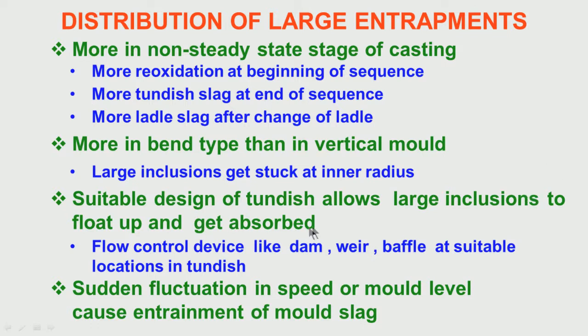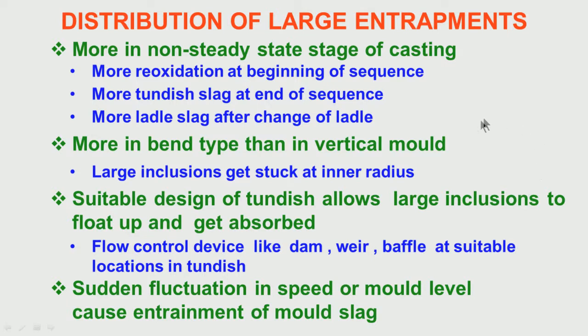Then a suitable design of the tundish has to be done, so that these large inclusions float up and get absorbed by the slag. The design of the slag is important, so that it can absorb the inclusions. The design of the tundish is very important, so that the residence time of liquid steel in the tundish is relatively high. It does not immediately go into the mold.